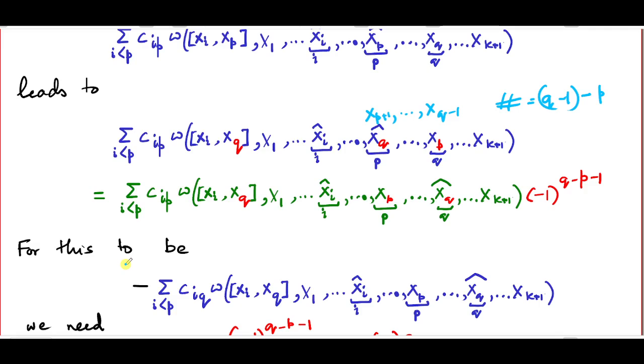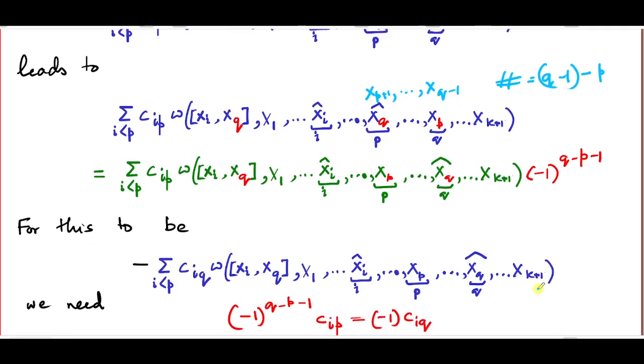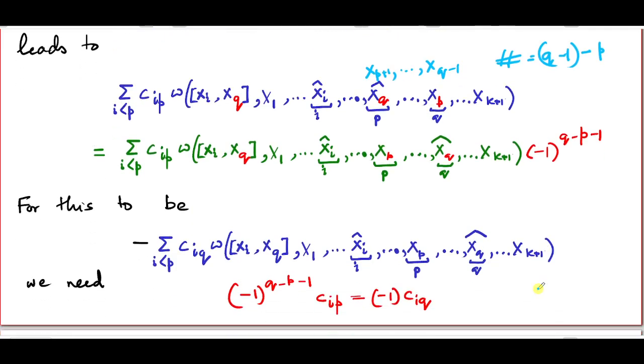So for this term to give you the negative of this thing, that is minus this thing, you must have the following. c_iP times (-1)^(q-p-1) has to be equal to minus c_iQ.